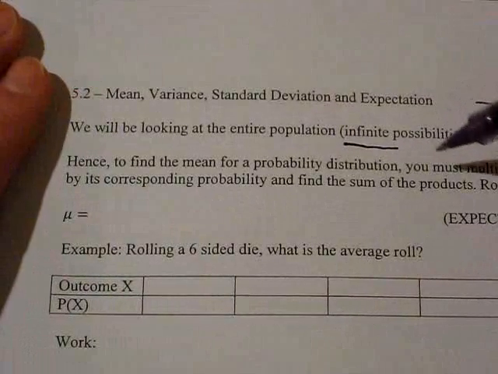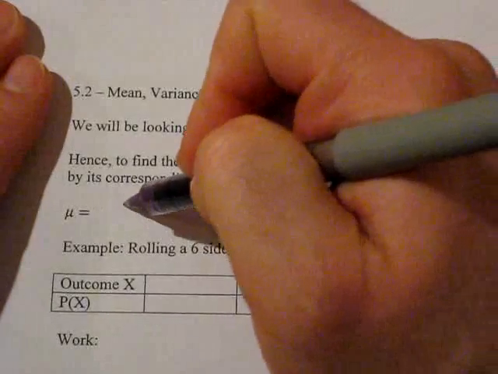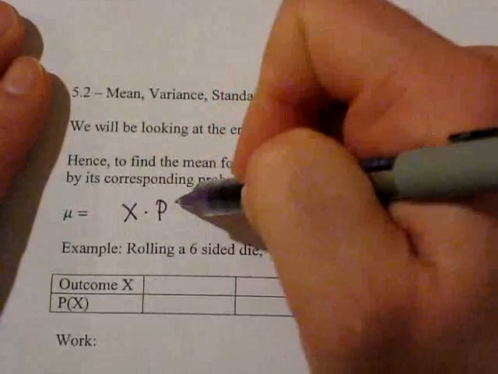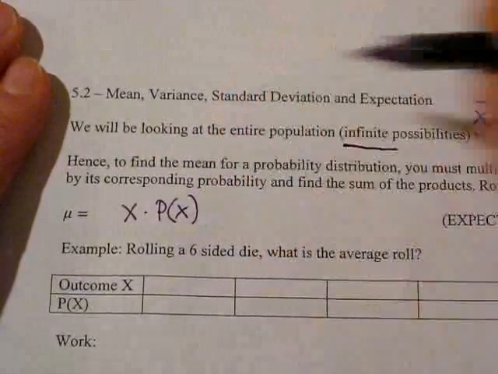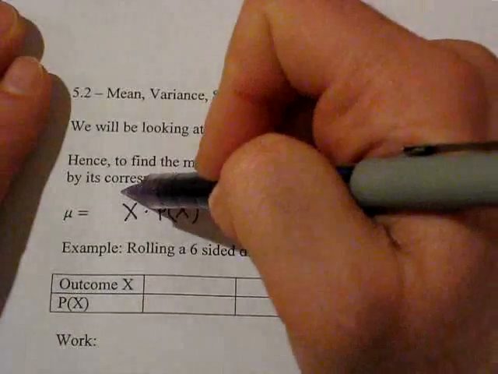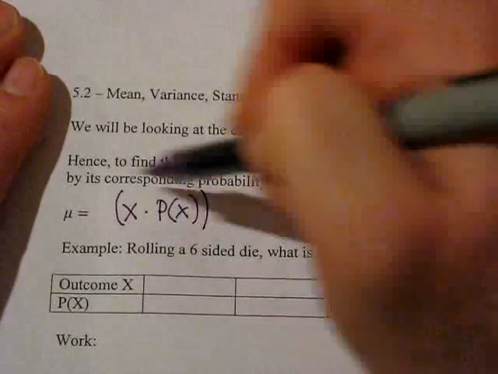You must multiply each outcome. So you're going to take your outcome x, multiply it by your probability, which is given by p of x, and then add all of them together to find your average.